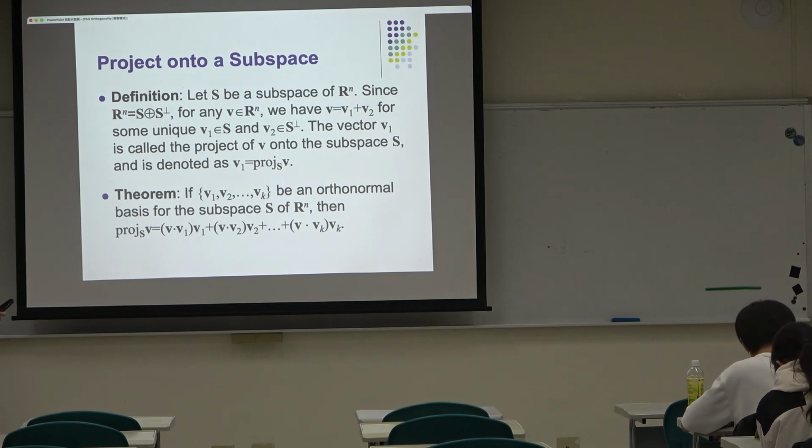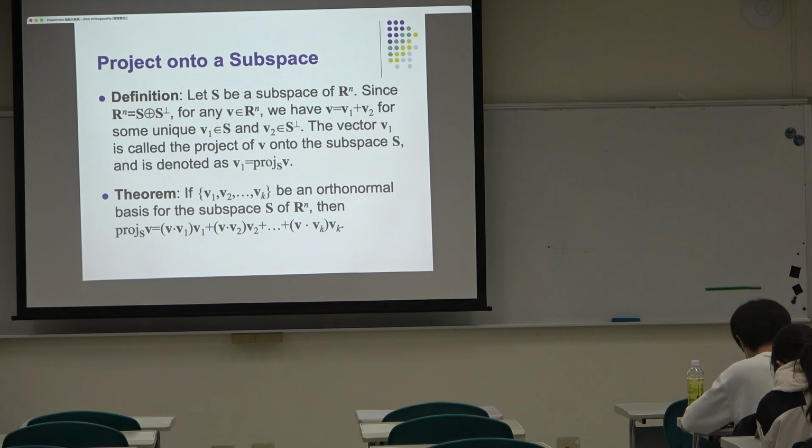We know Rn can be written as the direct sum of S and S orthogonal. For any V in Rn, we have V equal to V1 plus V2, for some unique V1 in S and V2 in S orthogonal.